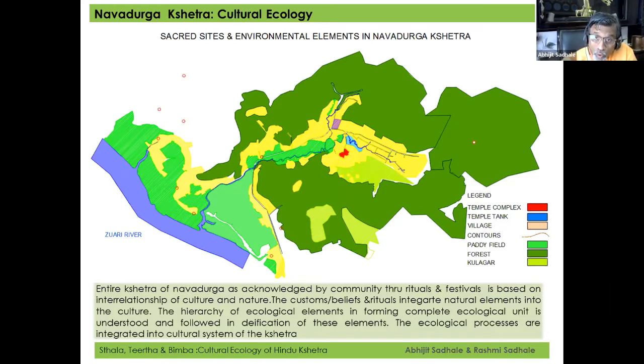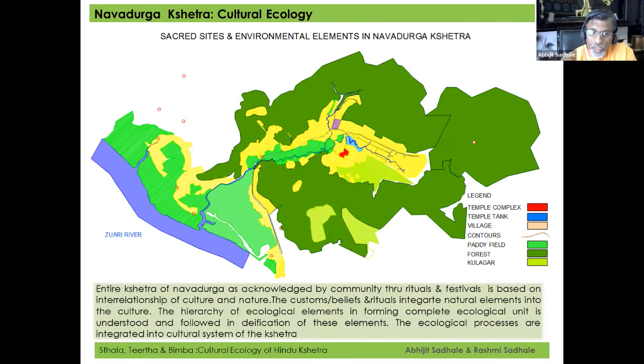What is more interesting here is that the hierarchy of ecological elements and flora and fauna in forming a complete ecological unit is recognized, understood and followed in the deification of these elements and the customs associated. Now, ritual is the main means of ensuring that this community adherence continues.